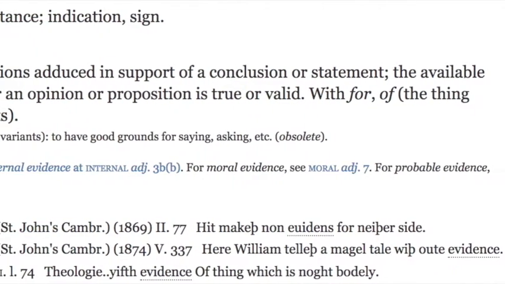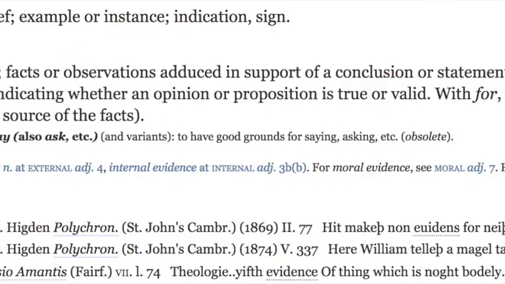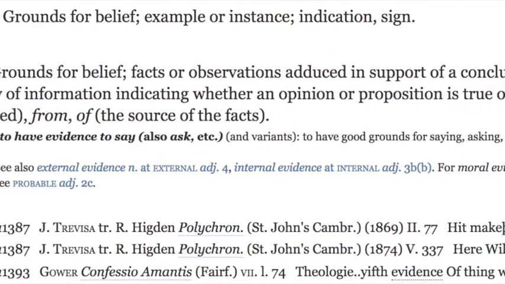So evidence: grounds for belief, example or instance, indication, sign. And I'm just going to leave it at that because that simple idea, grounds for belief, indication, sign, example, instance, is such a great conceptualization of what your professors are really asking for when they say they need evidence for one of your claims.